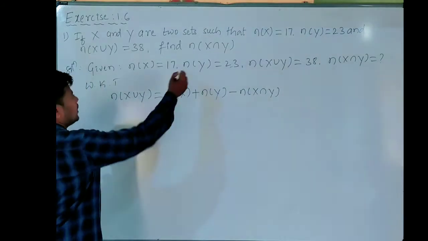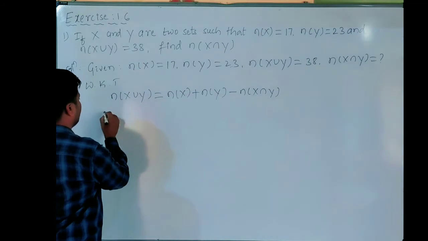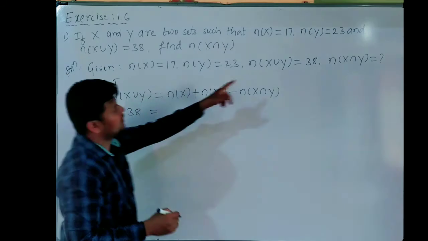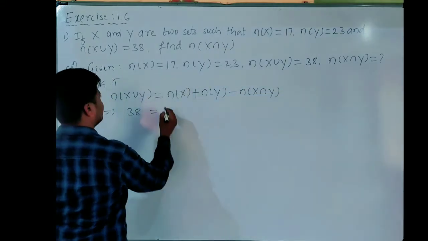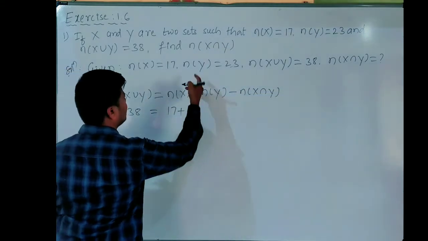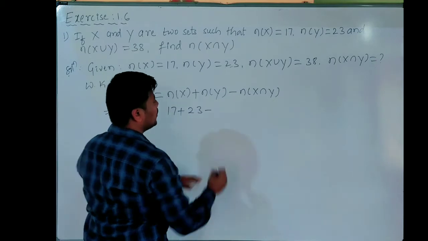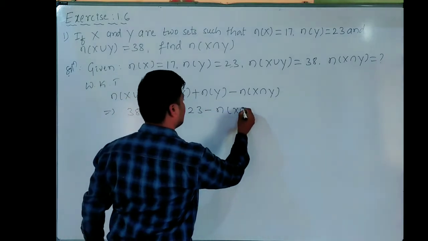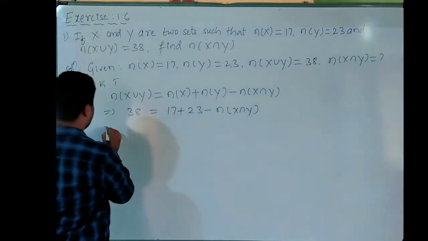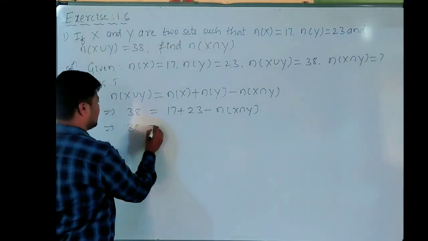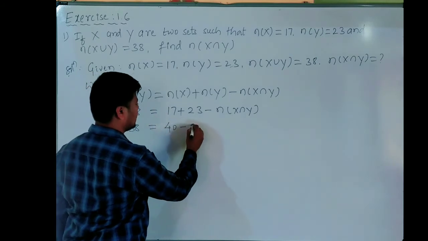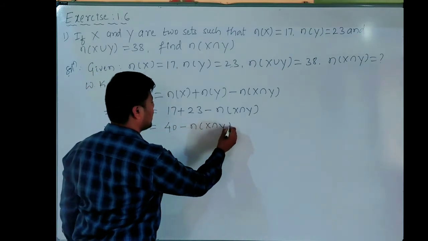Now substitute the values. The number of elements in x union y is 38, and the number of elements in set x is 17 plus the number of elements in set y is 23. We don't know the last value, we have to find it, so keep it as it is. So 38 equals 17 plus 23, which is 40, minus n of x intersection y.